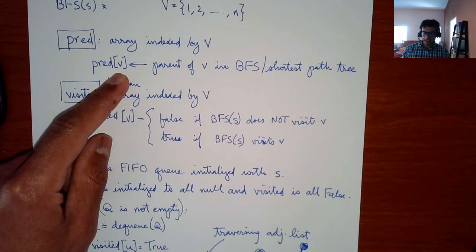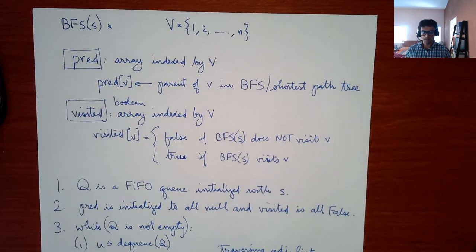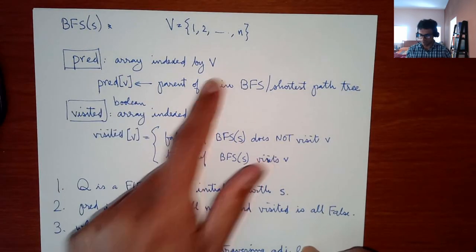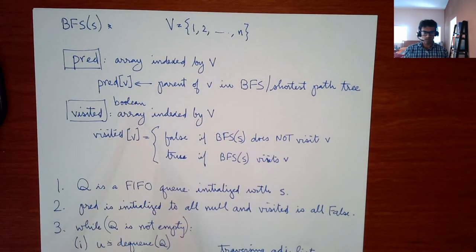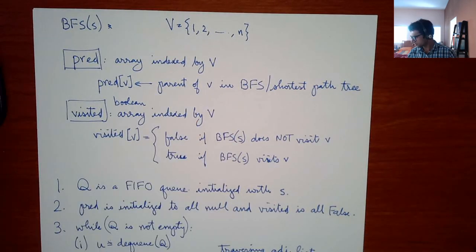It is the index, just as in an array. It's an array indexed by V. V is a vertex, and it's telling you what the predecessor is at that position. You should just think of it as an array of length n, where everything in it is a number, and that number is the parent of the vertex. Oh, so the index is equal to the vertex? The index is exactly the vertex. Okay, got it.